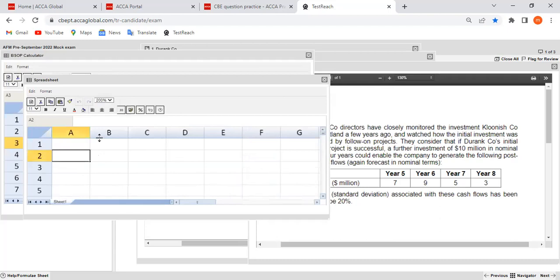tell me, we are having here years 5, 6, 7, and 8.